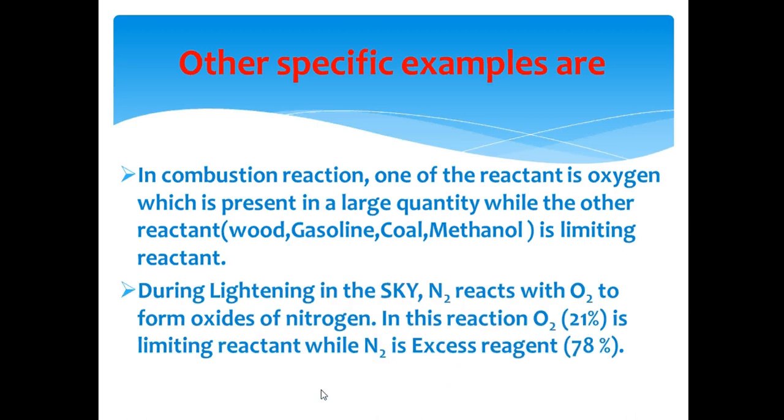Second example, during lightning in the sky, oxygen gas and nitrogen gas react to form oxides of nitrogen. As in the air, the percentage of oxygen is 21 and the percentage of nitrogen is 78.